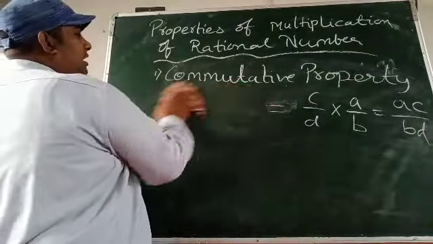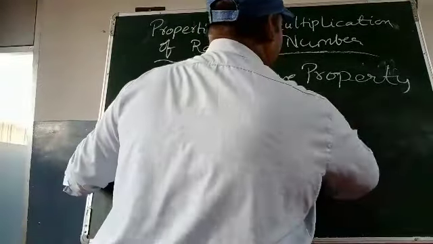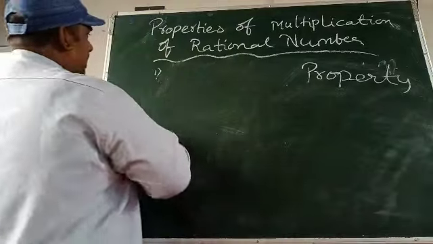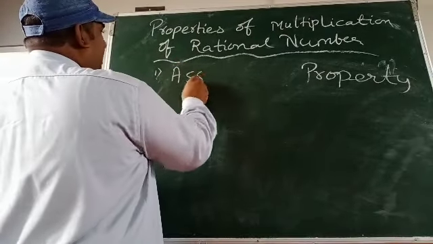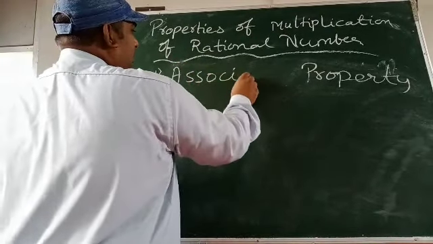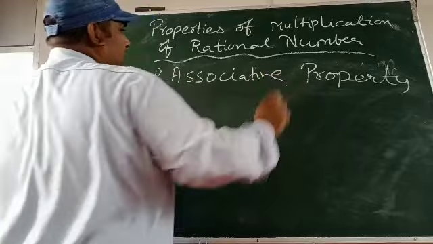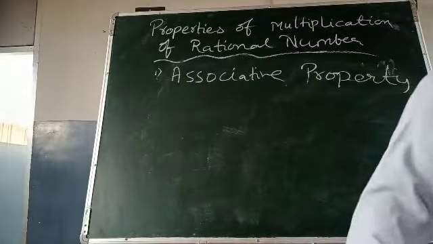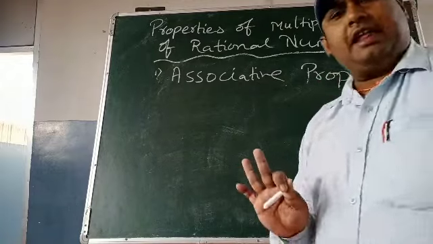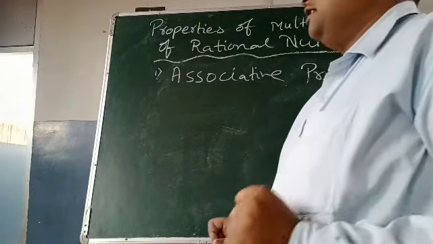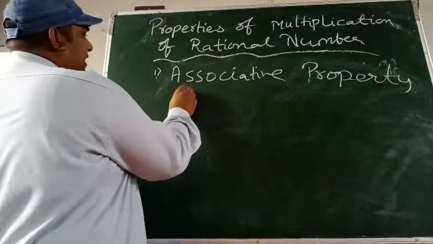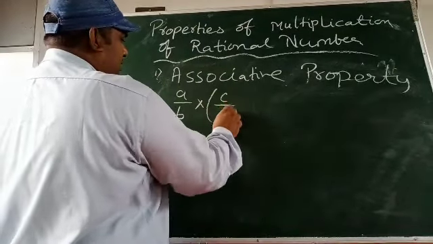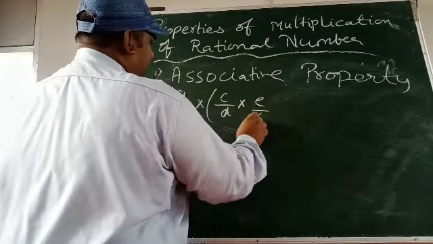The third property is associative property of multiplication. What is associative property, students? When three rational numbers are multiplied, suppose we have three rational numbers a by b, c by d, e by f.